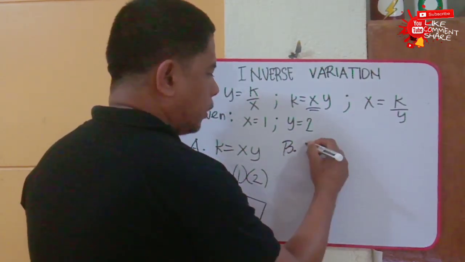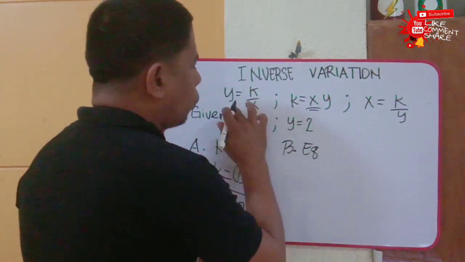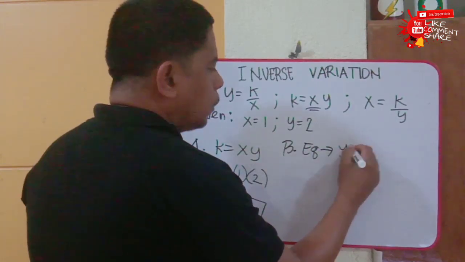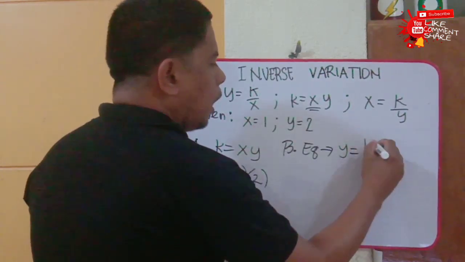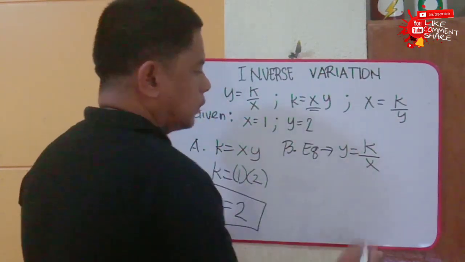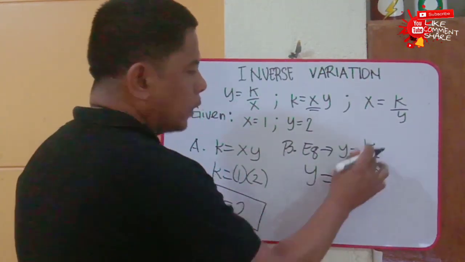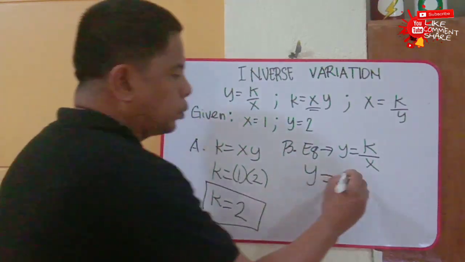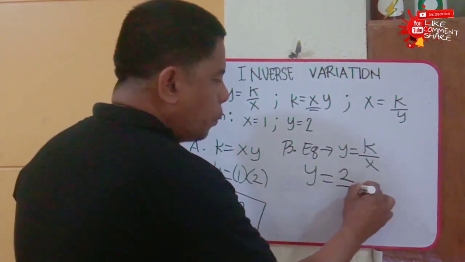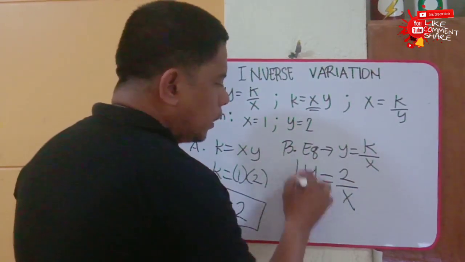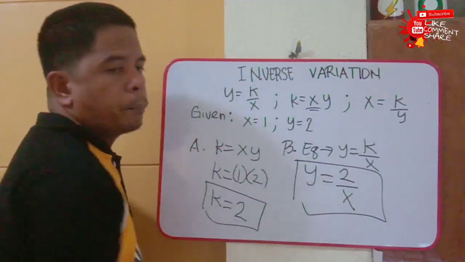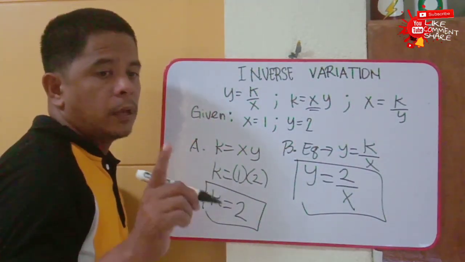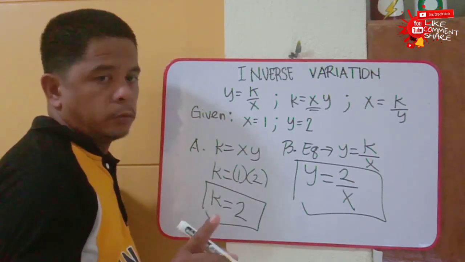So the equation, so y equals k over x. So y, what will be the value of k? Based on our given, k equals 2 over x. So this is the equation of example number 1 of that inverse variation.